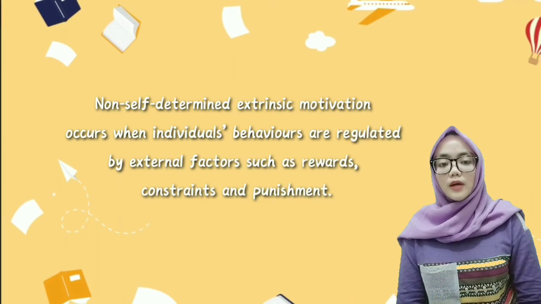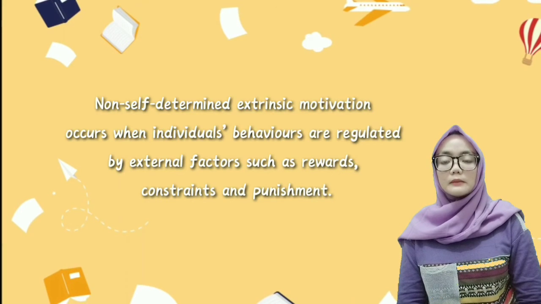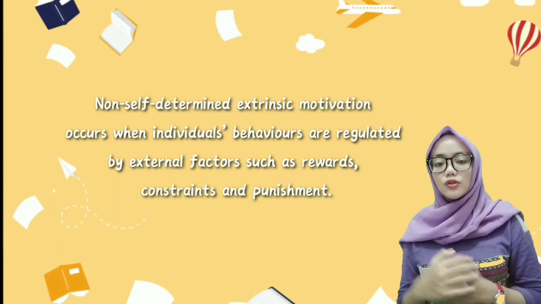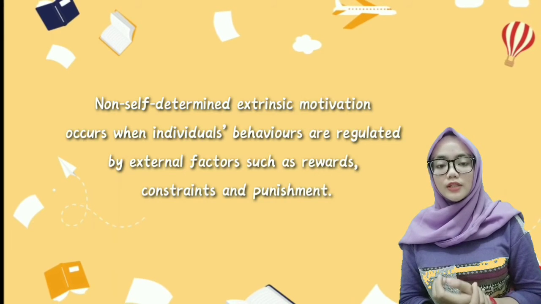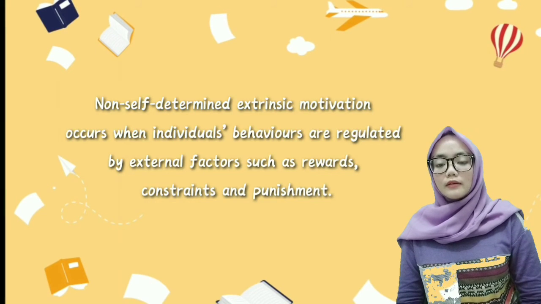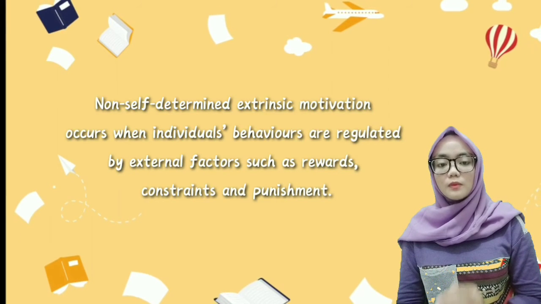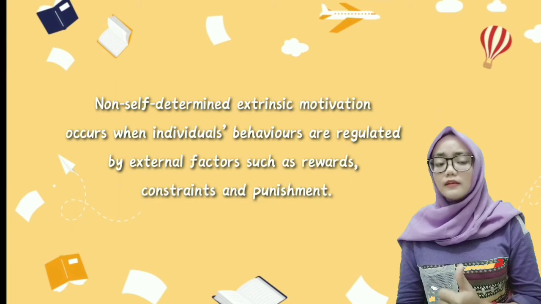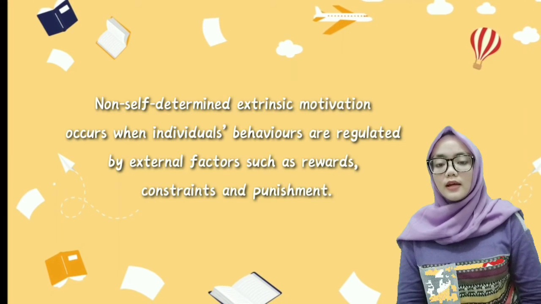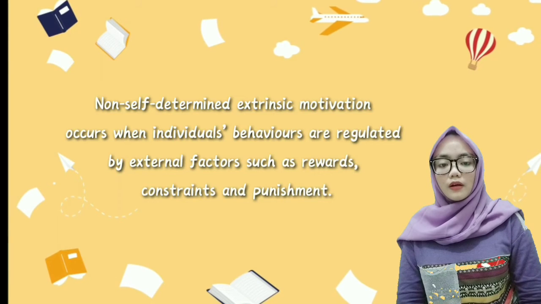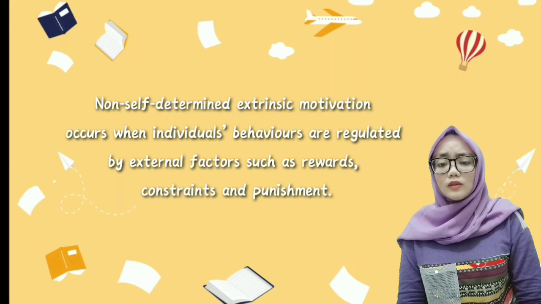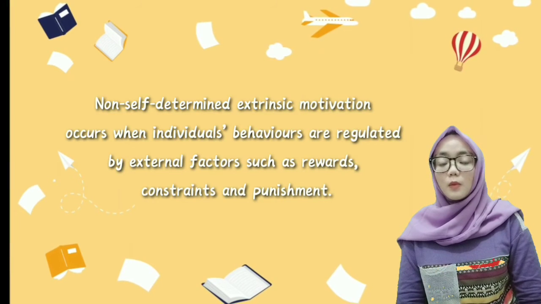That is, the behavior is not self-determined. Individuals feel an obligation to engage and are regulated by external rewards, constraints, or punishment. If the assessment practices teachers employ make students feel that their learning is driven by external rewards, such as bonus marks or praise from teachers, students are non-self-determined, extrinsically motivated.